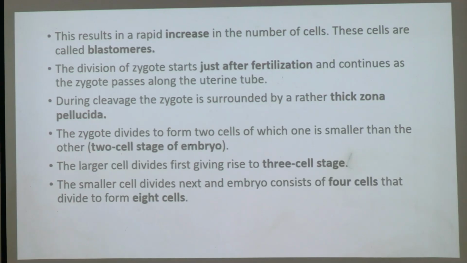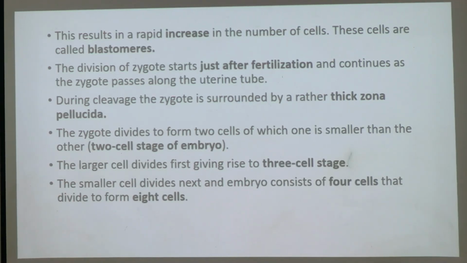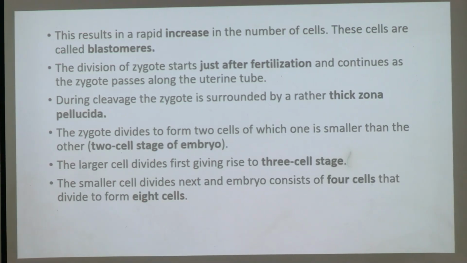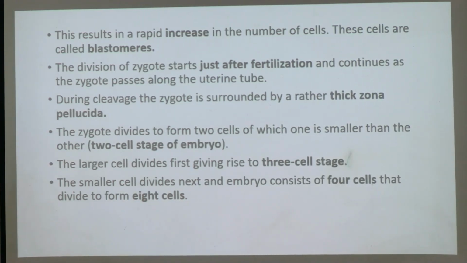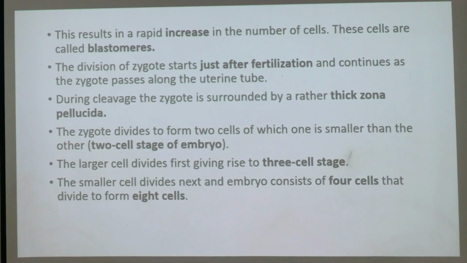The zygote divides to form two cells, of which one is smaller than the other, the two cell stage of embryo. The larger cell divides first, giving rise to the three cell stage. The smaller cell divides next, and the embryo consists of four cells that divide to form eight cells.